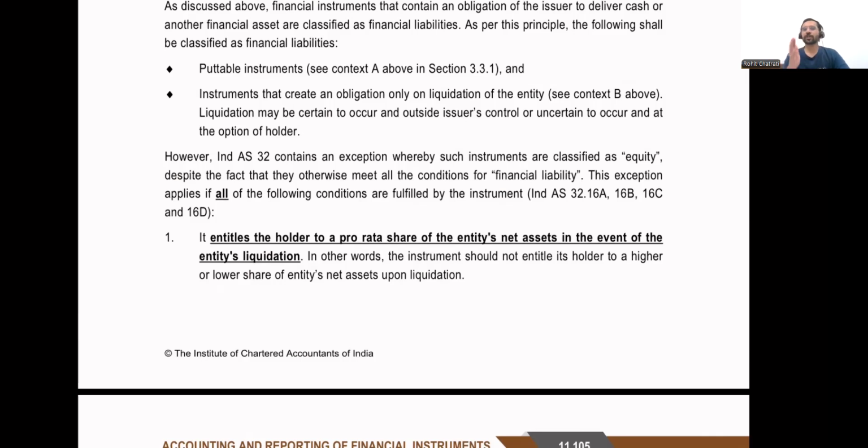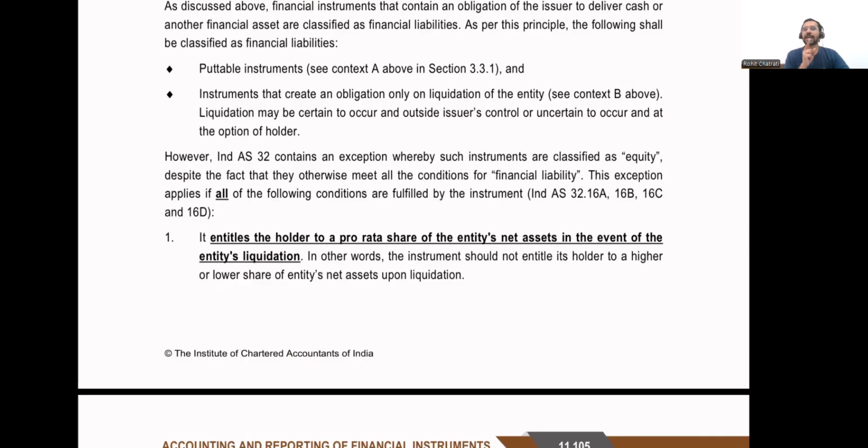Now, from the mutual fund entity's point of view, the mutual fund actually has an obligation to pay cash. If I choose to redeem my units, if I choose to sell the units back to the entity, the mutual fund has an obligation to pay cash. So now there is actually a conflict.